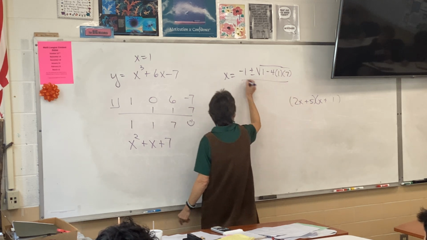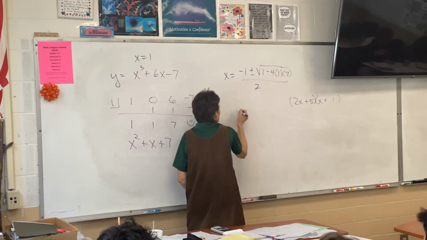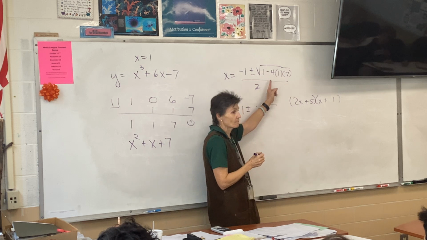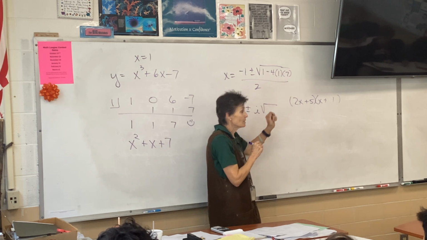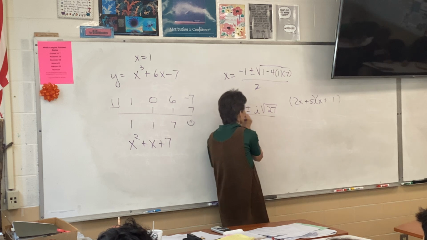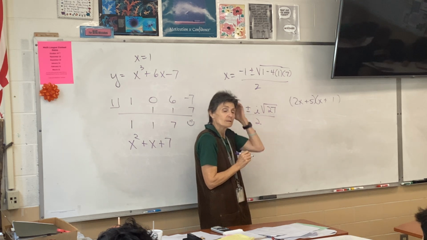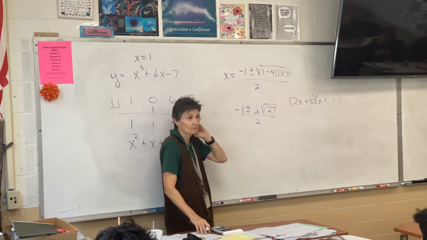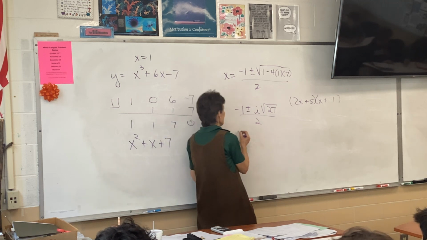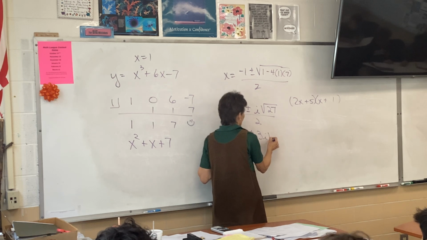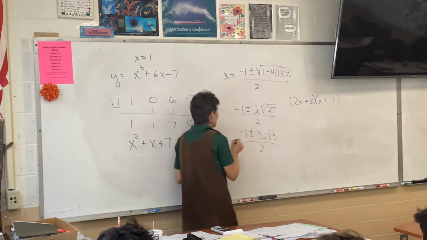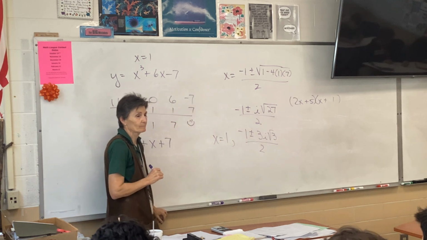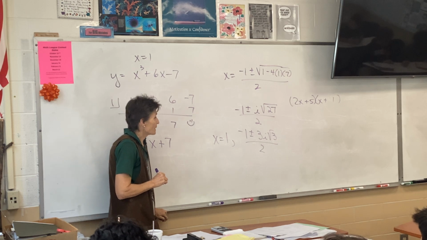I think we're gonna be imaginary, that's okay. -1 plus or minus i root what? What does this work out to be? -27. So i root 27. Everybody keeping up? And then 27 breaks down. 3 root 3. And there it is. That goes with my 1. So my answers are 1 and those. You put the i before the b, right? Yep.